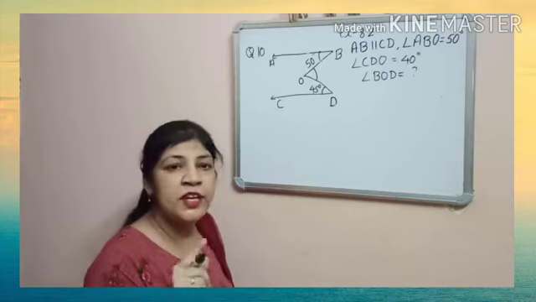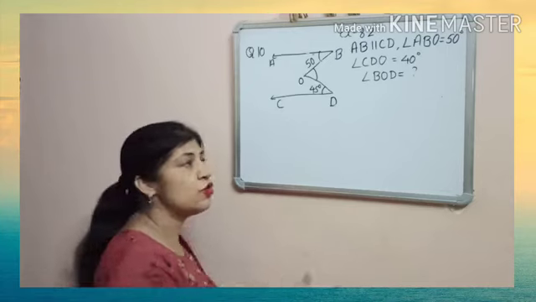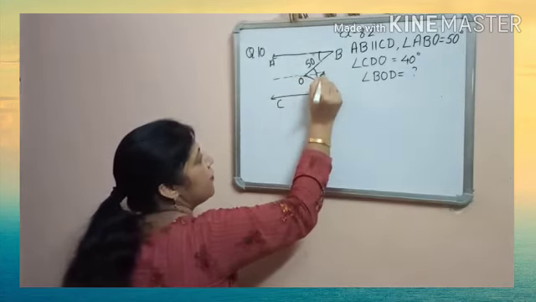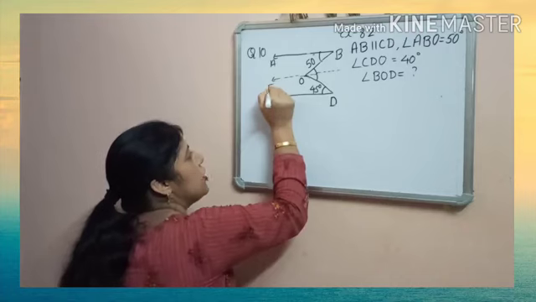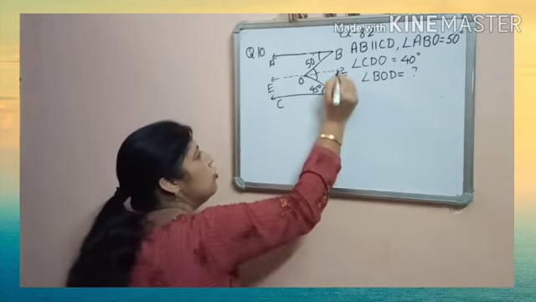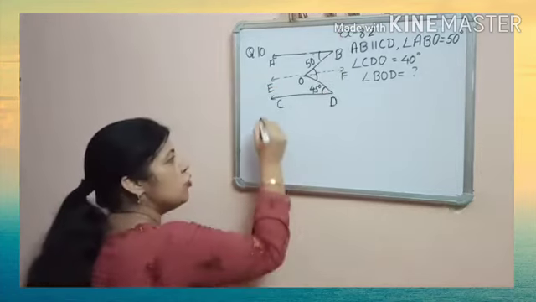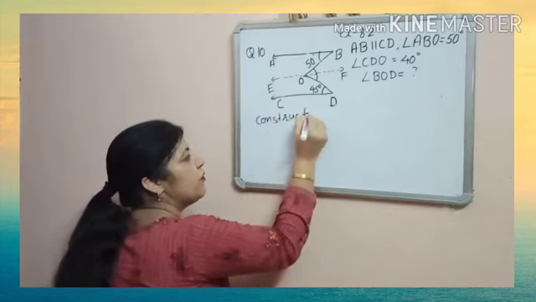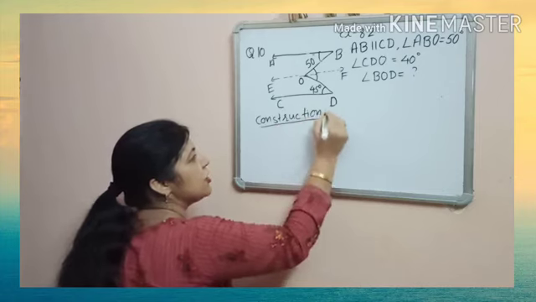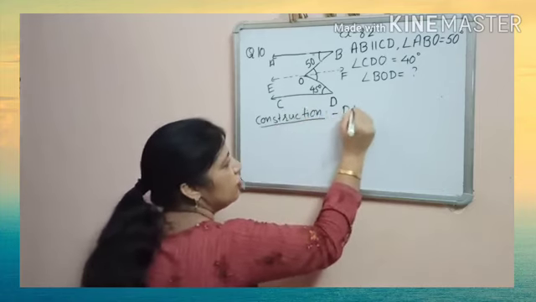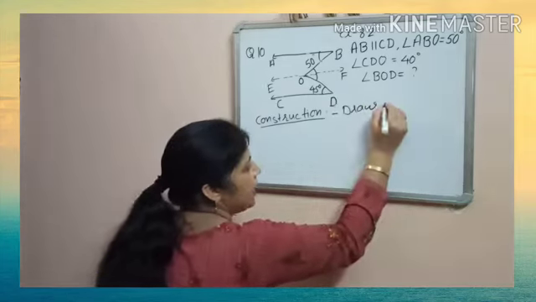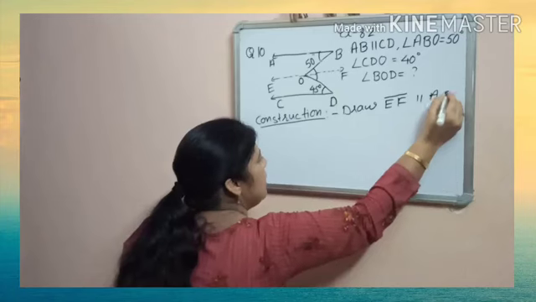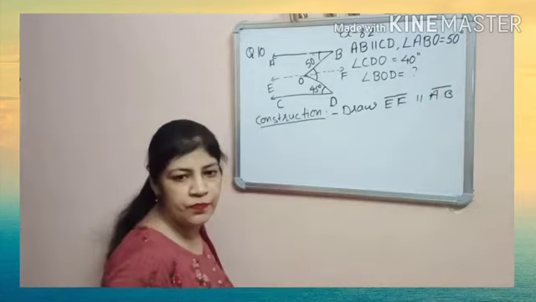So here we need to construct a line EF which is parallel to AB. So you have to write here construction. What you have constructed: draw EF parallel to AB.